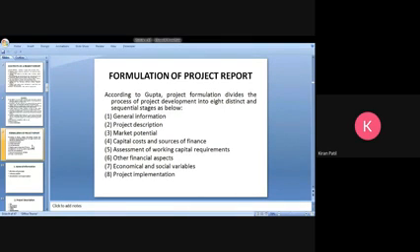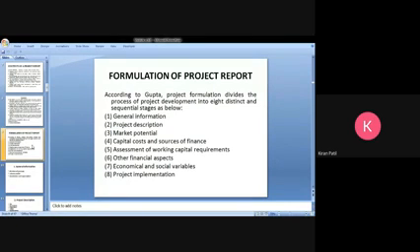The first one is general information. So what do we have in general information? We have the biodata of the promoter. What does the biodata of the promoter contain? First of all, it contains the name and the address of the promoter. Promoter in the sense, the project owner or a project proposer.